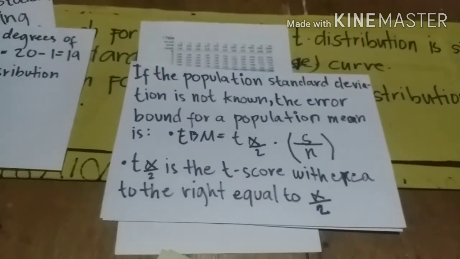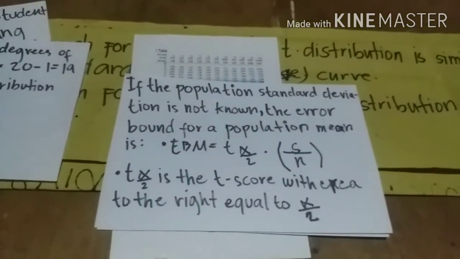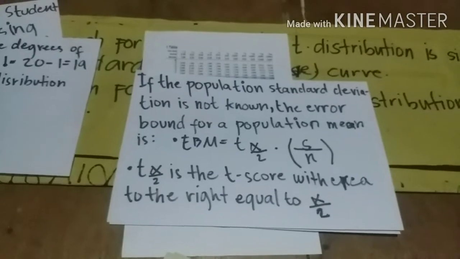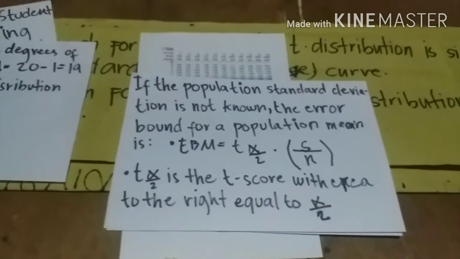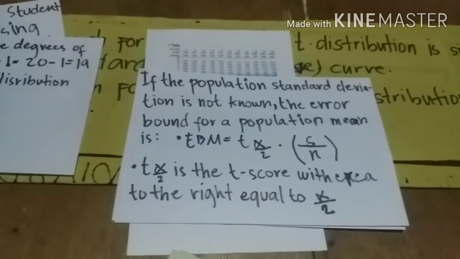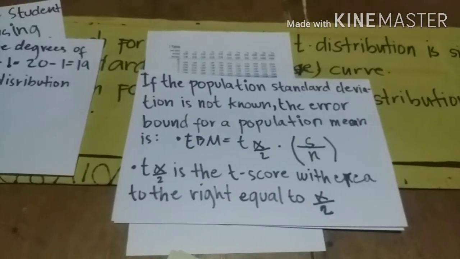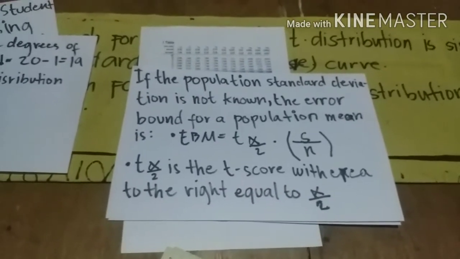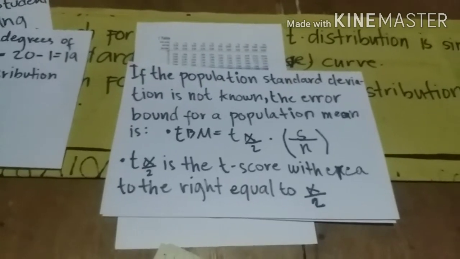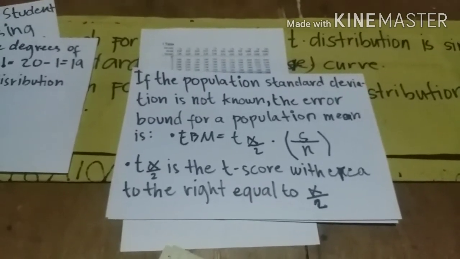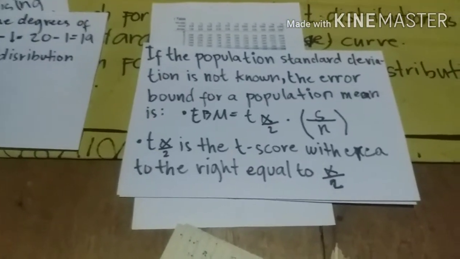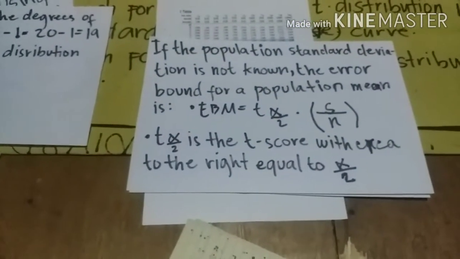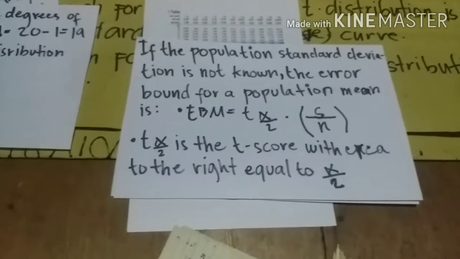So, ito naman, if the population standard deviation is not known, the error bound for the population mean is, yan, yung sinabi ko kanina is yung isa sa properties nung confidence interval is yung population standard deviation niya is not known, which is hindi binigay at hindi rin kailangan pa siyang hanapin.